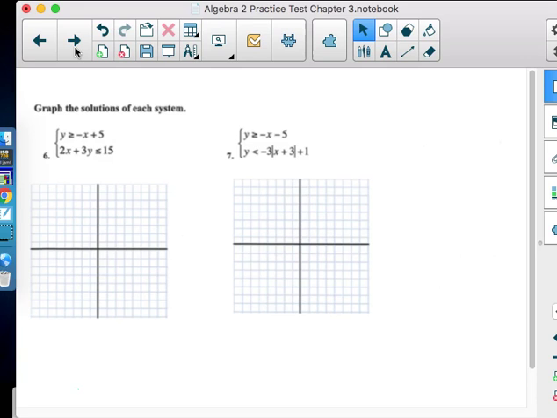Your lines aren't quite as bad on this one, huh? You can see those grids.